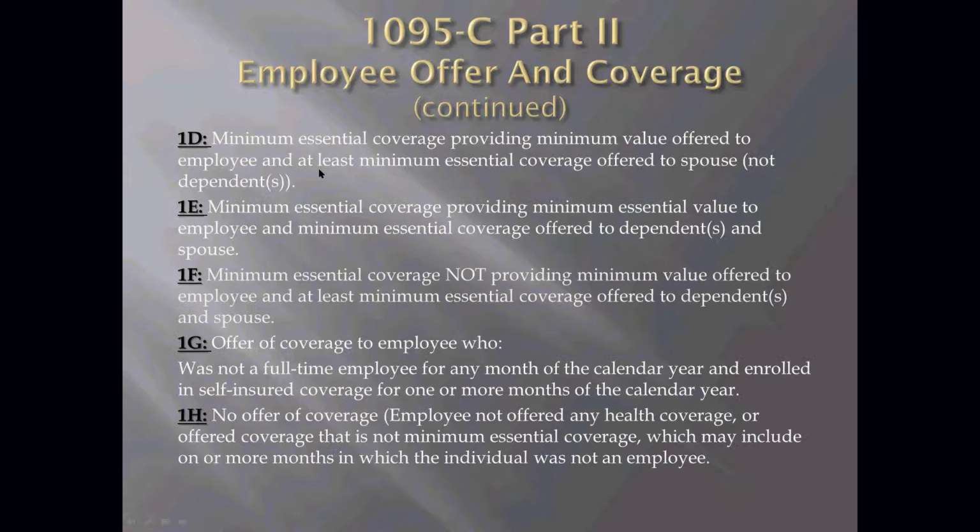Let me go back. So 1G, offer of coverage to an employee who is not a full-time employee for any month of the calendar year. Does that include retiree coverage is the question. Yes, it does. It could also include your COBRA coverage. So if you have employees who are out because they no longer work for you, but they have enrolled in COBRA, code 1G will be used for that reason.